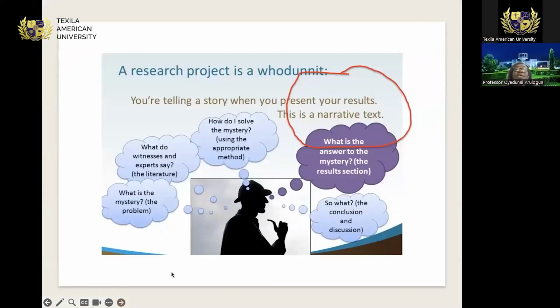Also in writing results, you are asking yourself, what should I be doing? Your result is like storytelling. You are presenting your results, so it is narrative. You are telling us a story. So bear that in mind, that your results section is narrative. You are telling a beautiful story of what you found.